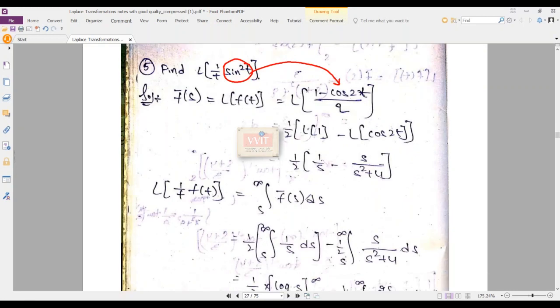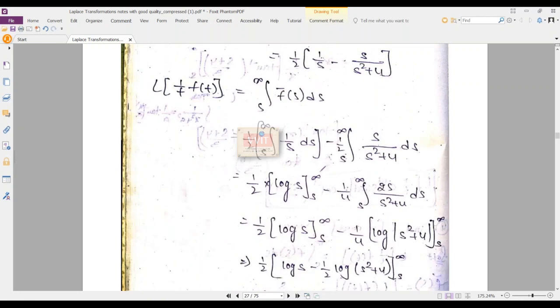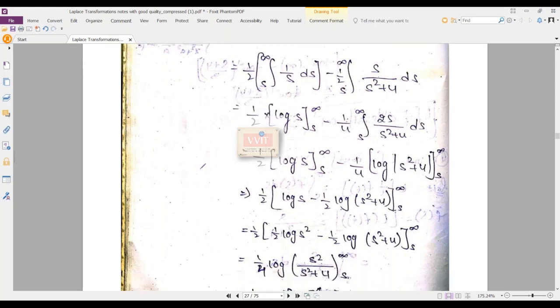So 1 by s. Here log infinity value we don't know. What will you do here is, if you simplify, log infinity you don't know, so better you combine this.